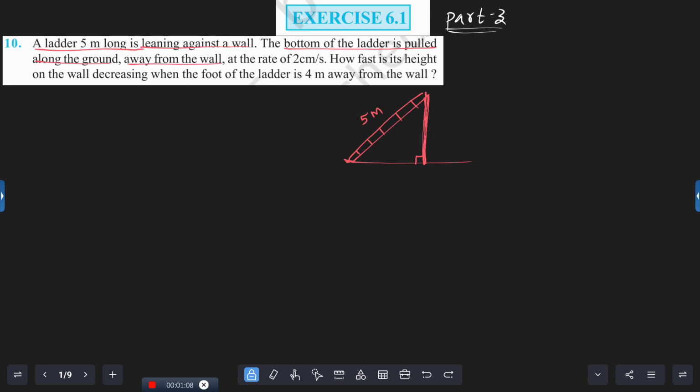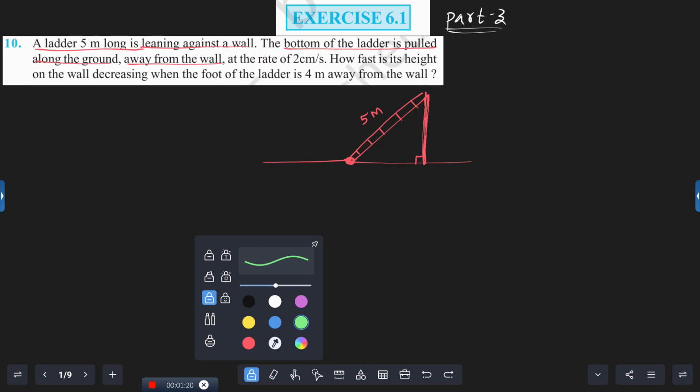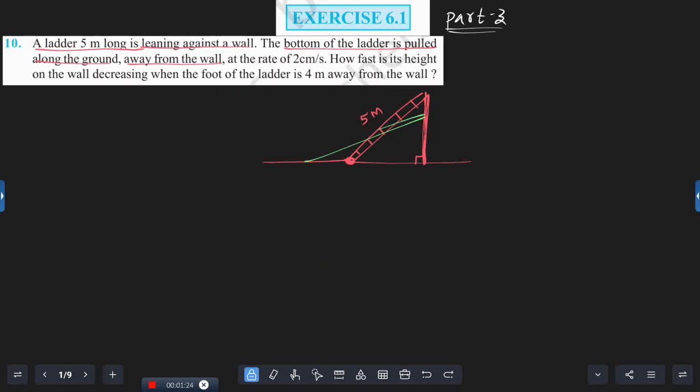Listen. Actually, what they are telling is that the bottom of the ladder is pulled away from the wall. When you pull the bottom of the ladder away from the wall, the ladder will be coming like this. The bottom of the ladder moves from here to here.